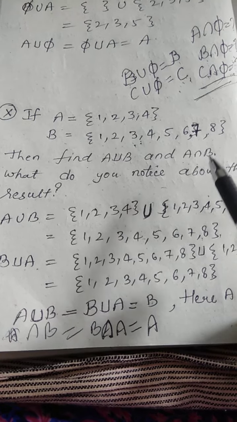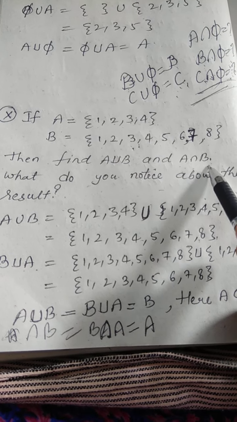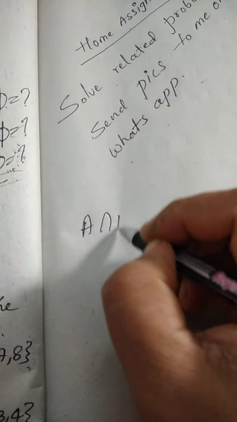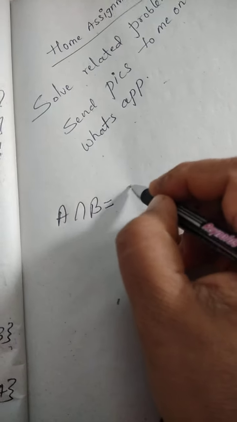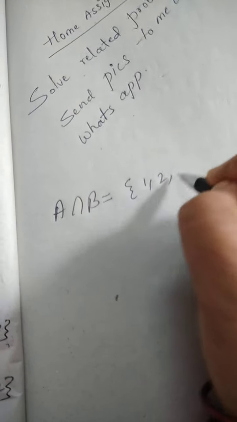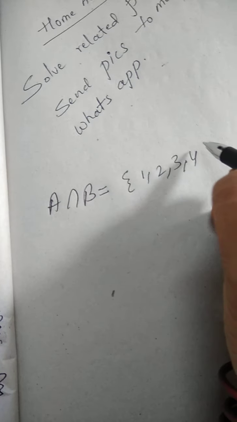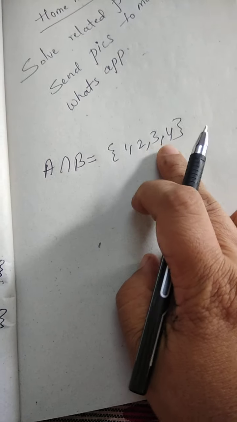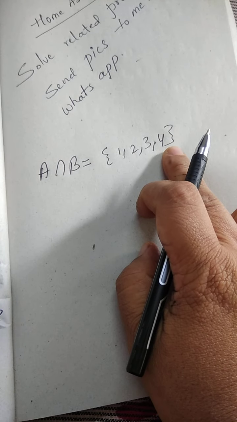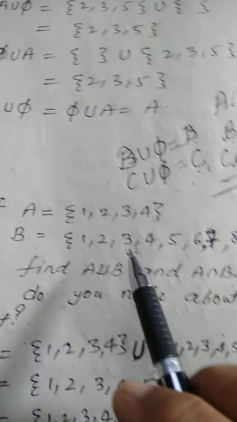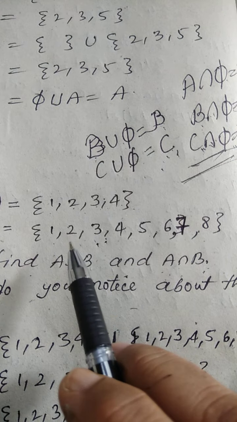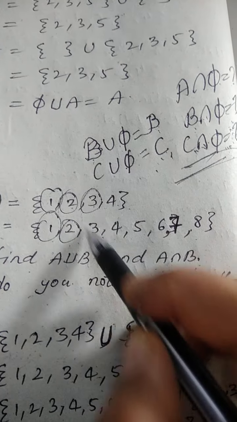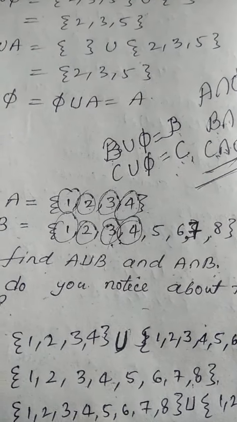Now they are saying find A intersection B. Intersection means common elements. That will be 1, 2, 3, 4. Which are common? 1 is common, 2 is common, 3 is common, 4 is common.